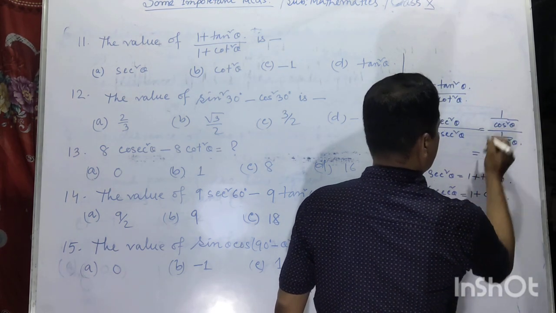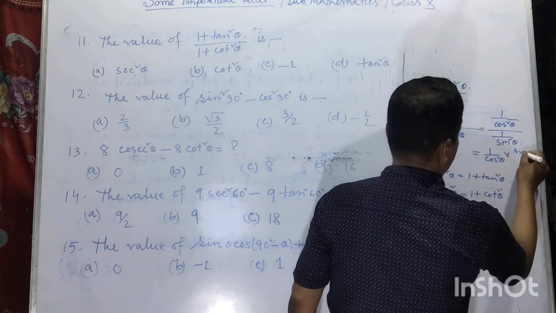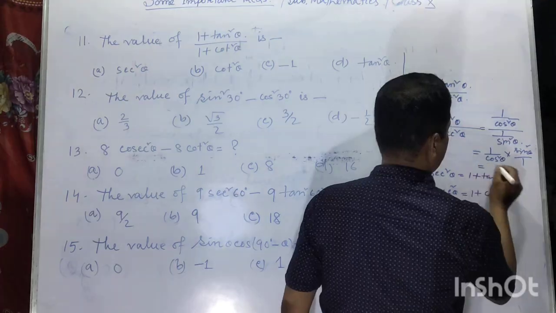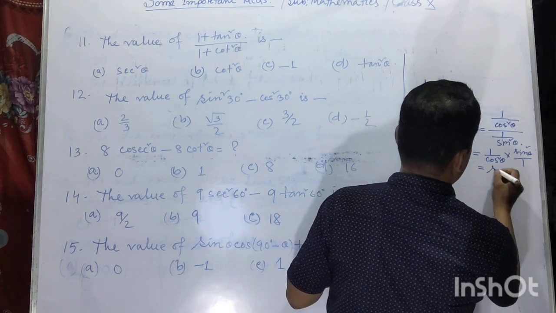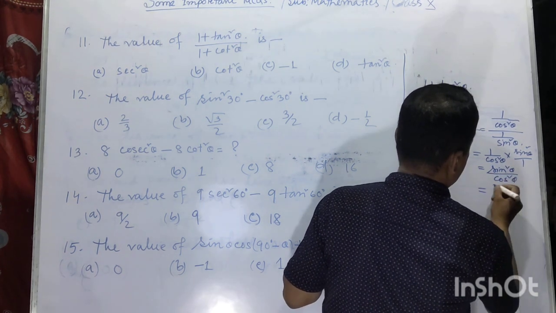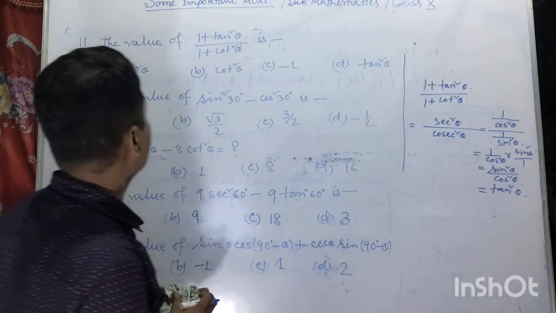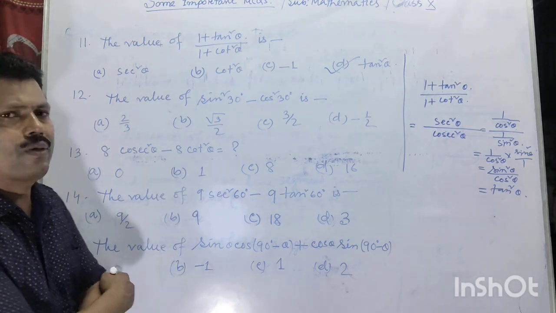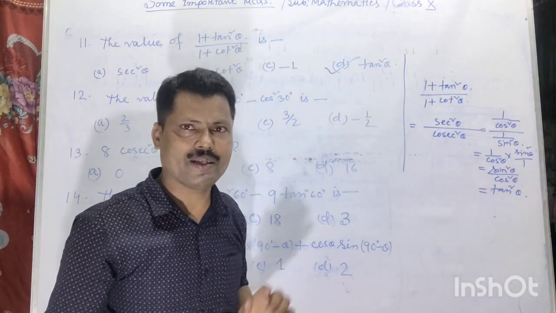If we multiply 1 by cos square theta into sin square theta by 1, it will be sin square theta by cos square theta. So we will get tan square theta. Which option is correct? Option D is correct. So 1 plus tan square theta by 1 plus cot square theta will be tan square theta, that is option D.